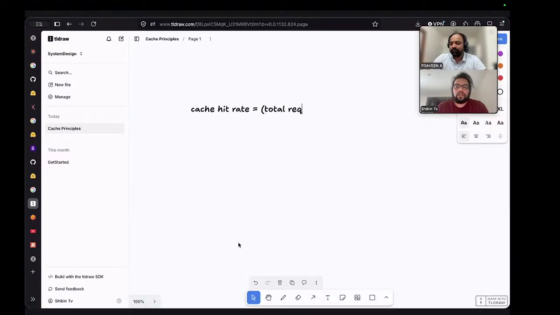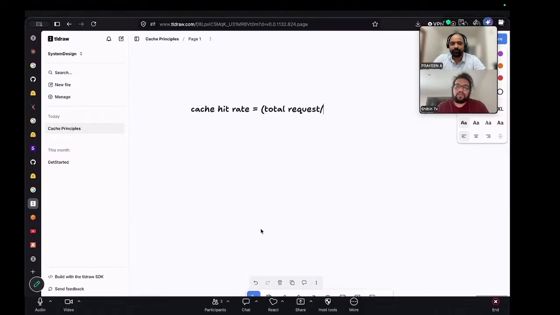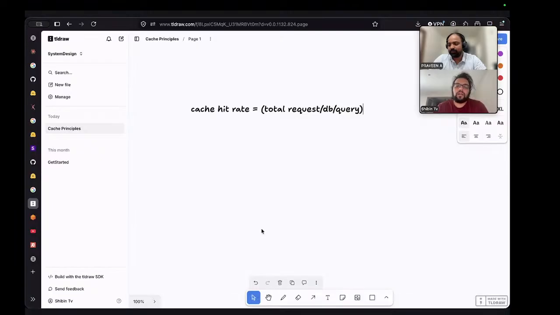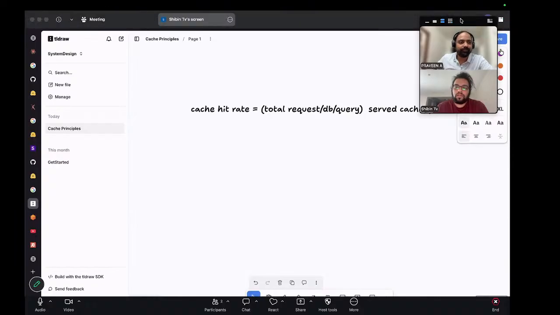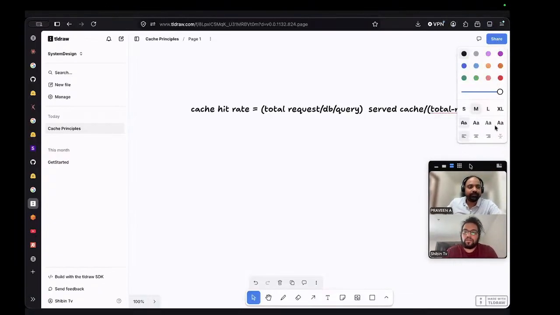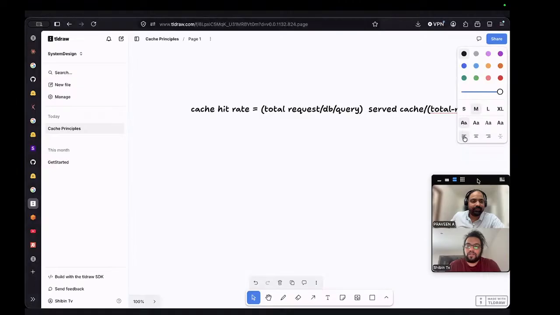What this means is the total requests or DB queries, whatever you are implementing the cache for, served from cache, divided by the total requests. Can you see? I think it's small.